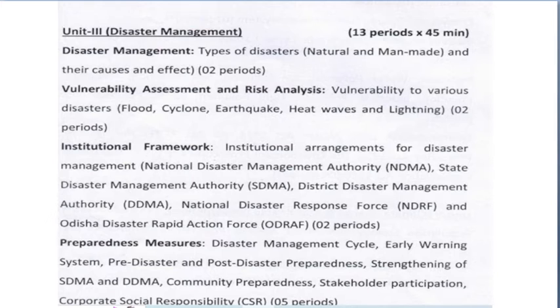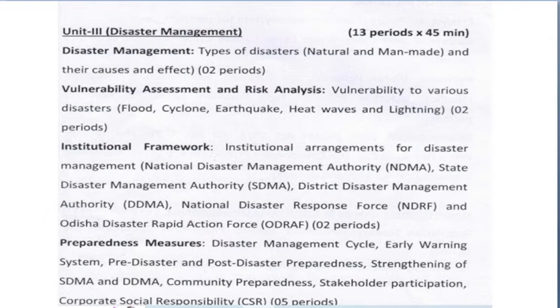And vulnerability assessment and risk analysis, in which we will discuss vulnerability to various disasters like flood, cyclone, earthquakes, heat waves, lightning. Then some institutional frameworks which work towards your disaster management, like your NDMA, that is National Disaster Management Authority.